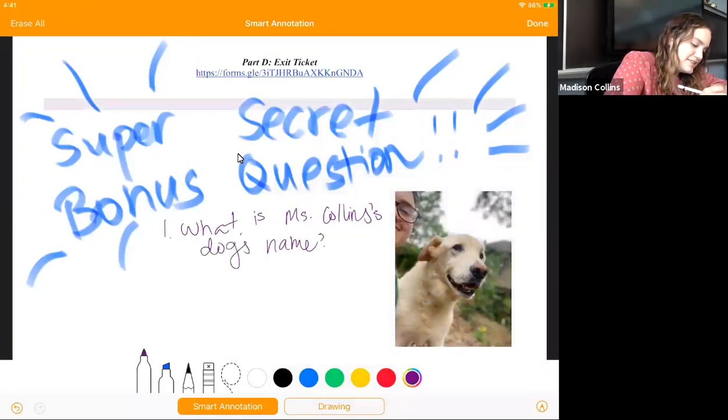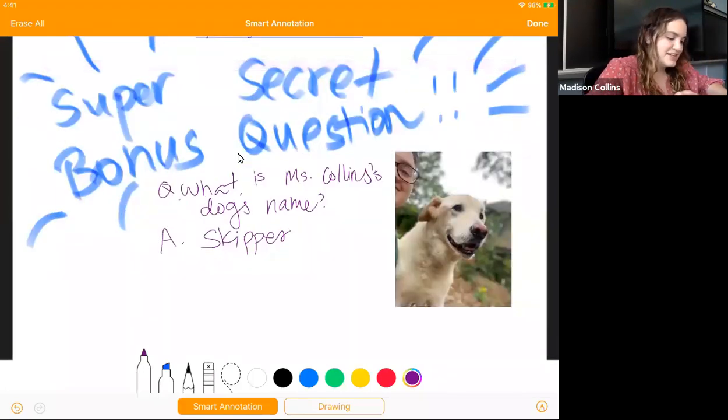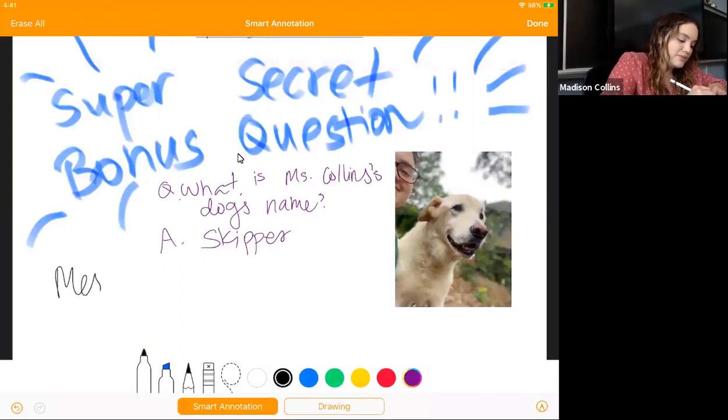And the answer is the name of this beautiful old dog right here, who I've had for most of my life, his name is Skipper. He's the best, and I love him a lot. Now, you might be wondering, what do I do with this super secret bonus question? I want you to stop what you're doing right now and message me on Remind.